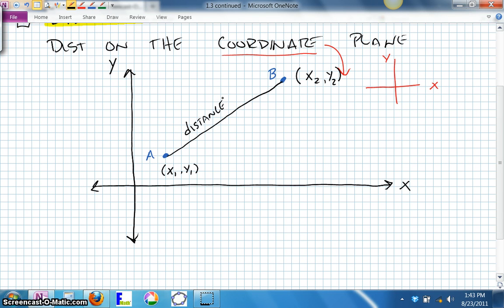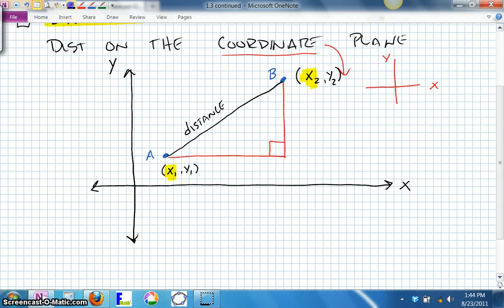Basically what we do is we draw a triangle and we use the Pythagorean theorem. So let's create a right triangle. Now let's take a look at our X part. Our X's are X sub 2 and X sub 1.